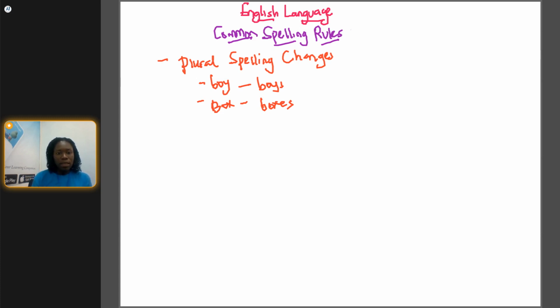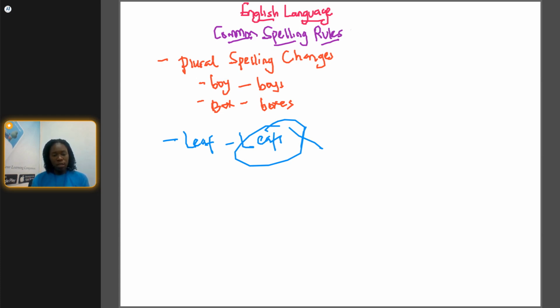An example like this is when we have leaf. You know we're not going to say leafs. We know that this is wrong. It's changing from singular to plural, and it's changing in spelling because you're not just adding s to show that it is plural.